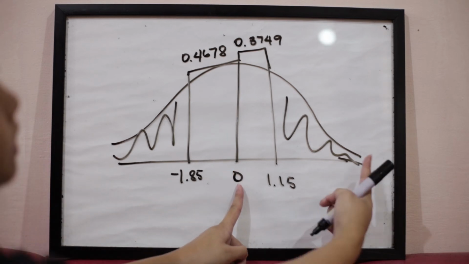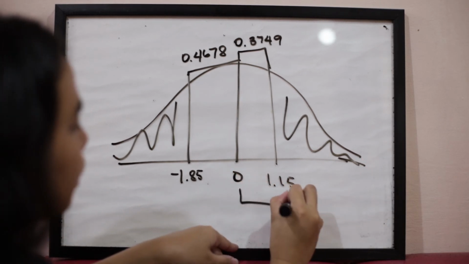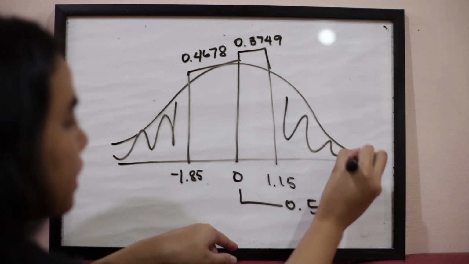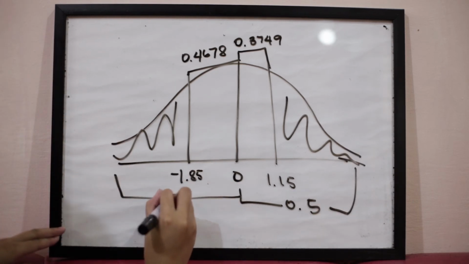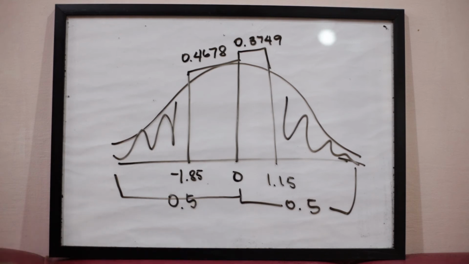Now, from 0 to this side, we all know that the area is 0.5, right? And then this one is also 0.5.